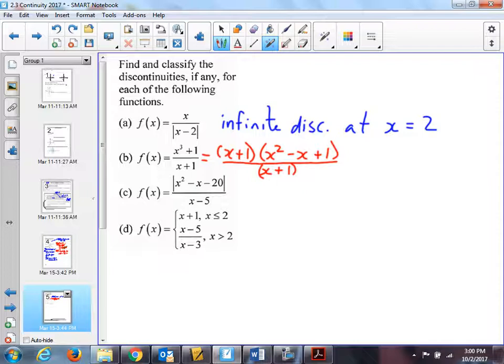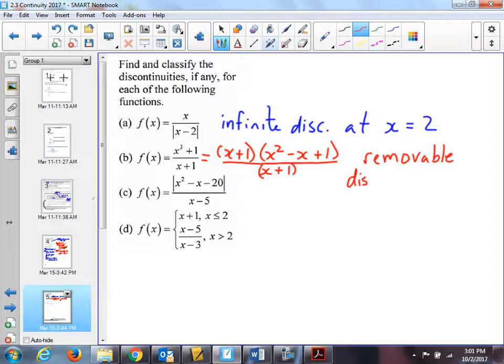It's like a chunk has been removed from your graph. So if you can remove the factor that was giving you grief, that's what it is. Okay?